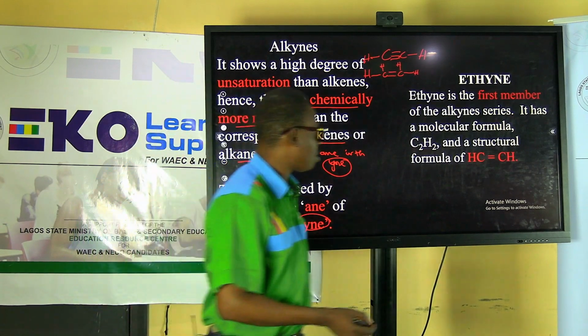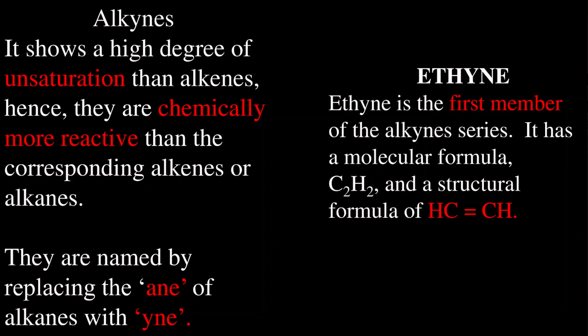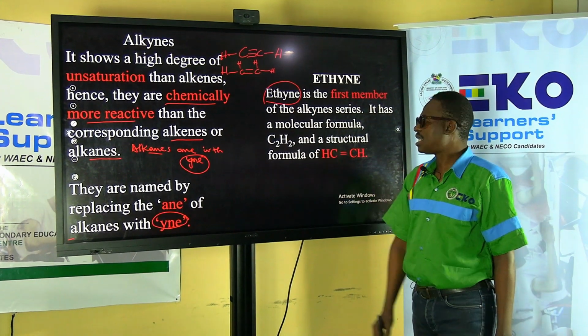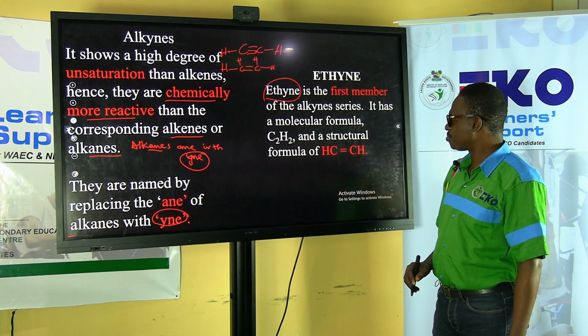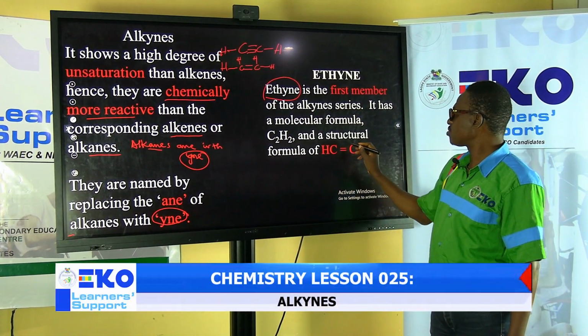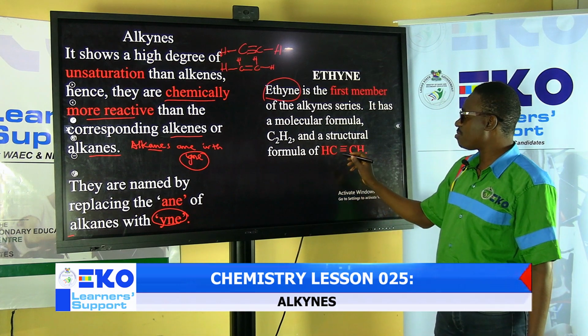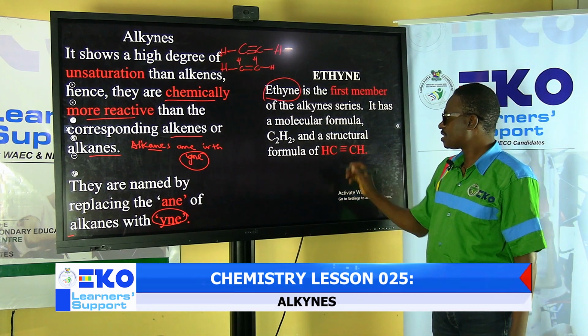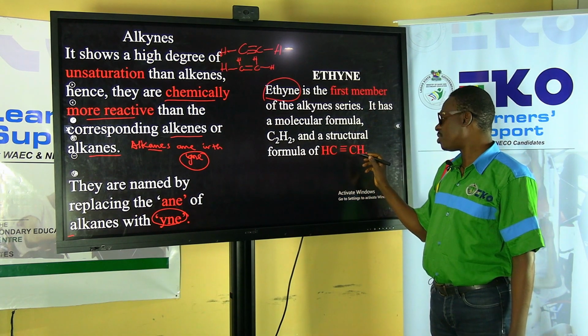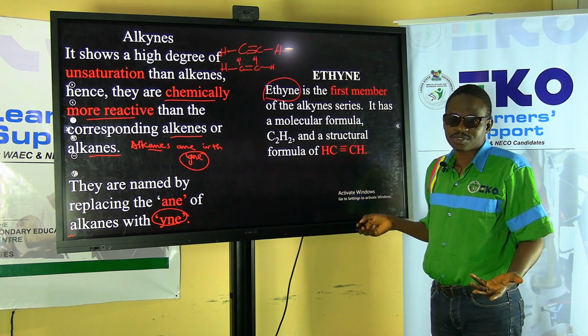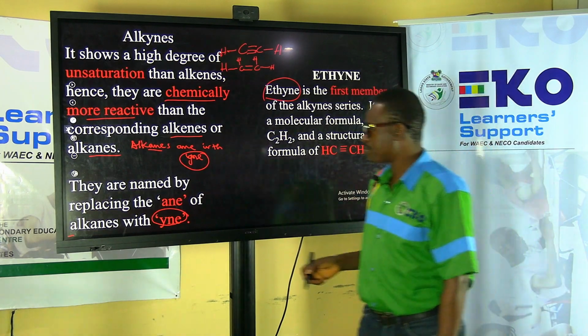Good. Also know that the first member of this family is what? Ethyne. I've told you when n equals what? 2. With a structural formula of HC triple bond CH. Wonderful.